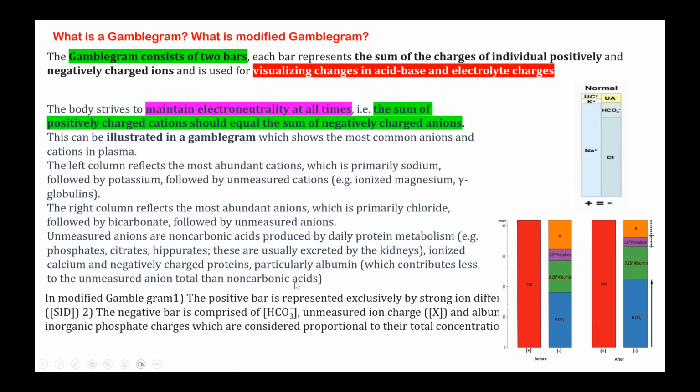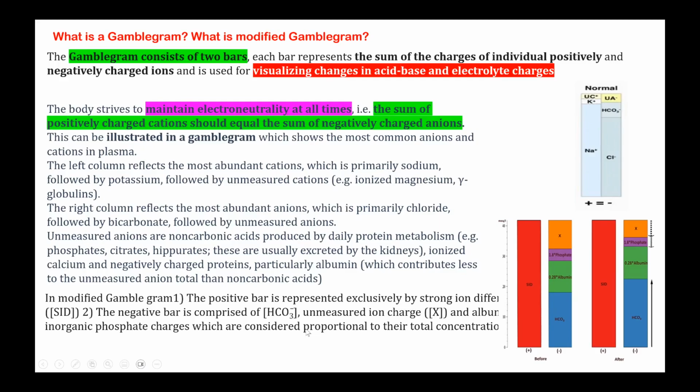Earlier, unmeasured cations and unmeasured anions were given here in the Gamblegram. But later on, they wanted to include them specifically, after they identified that it could be albumin or a protein or some other unmeasured quantity.